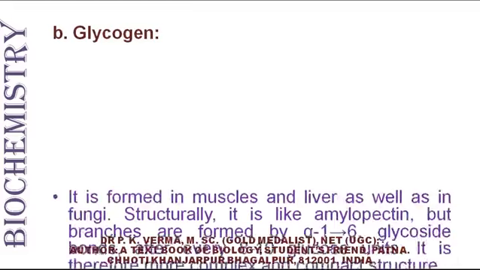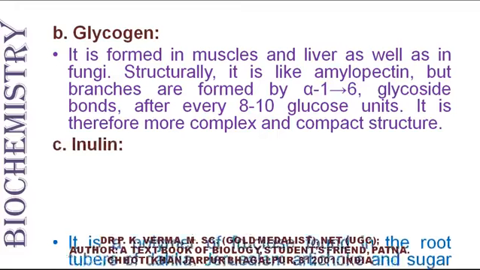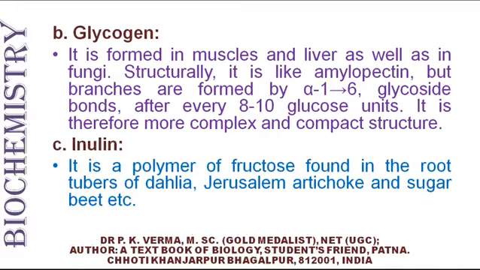In the animals, glycogen is formed in liver and muscle. These are like amylopectin, but the branches are formed only after 8 or 10 glucose units. So these are more complex, more branched structures. A third very important compound is inulin.